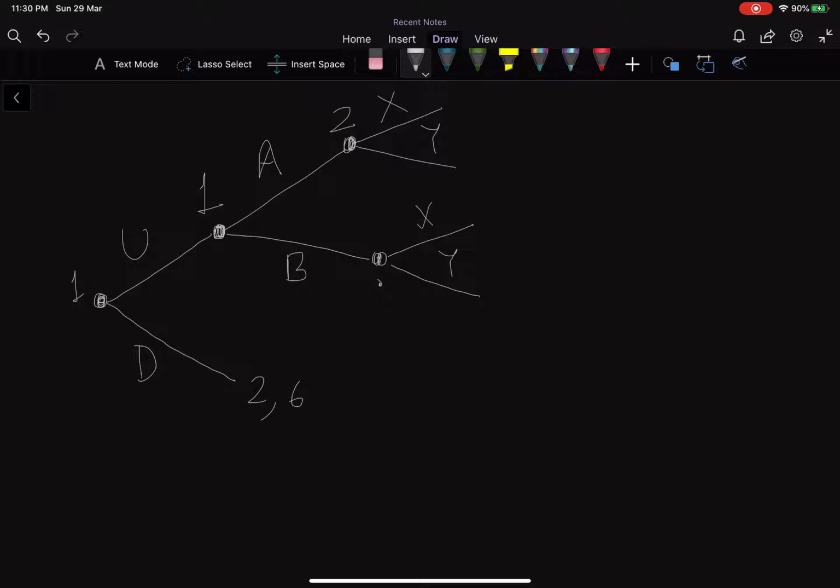No matter whether 1 chooses A or B, 2 can choose X or Y, but there is this dotted line.